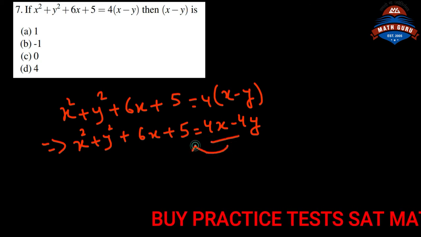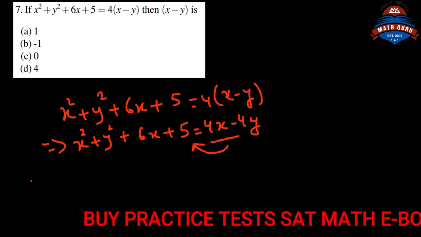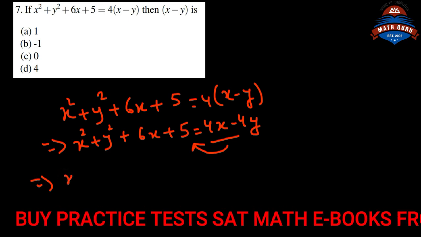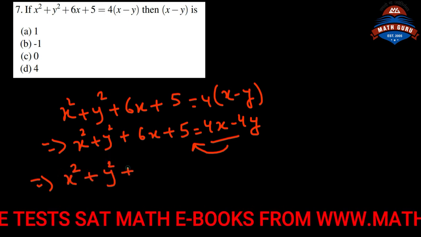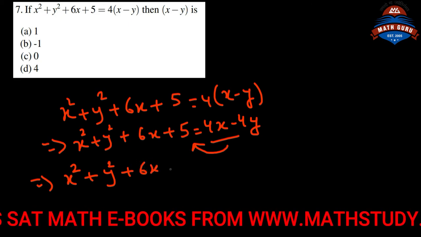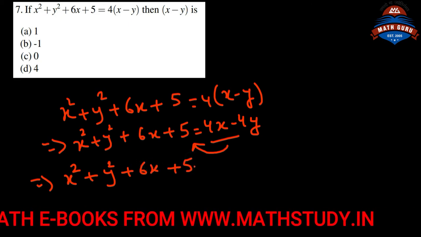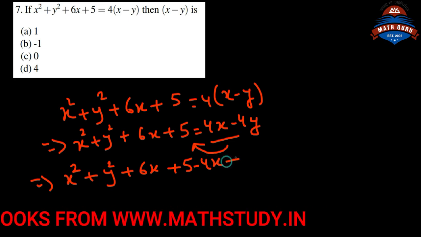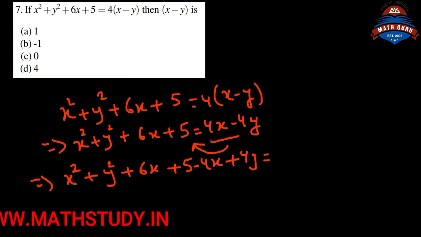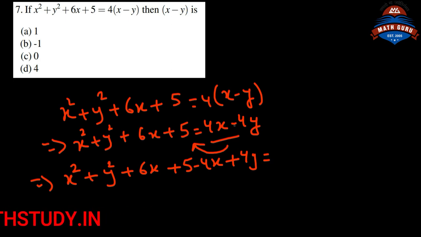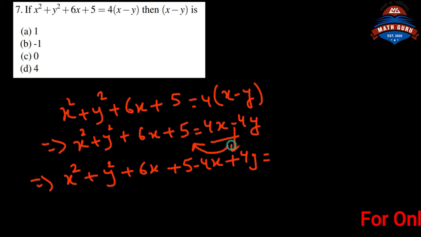Taking these two terms towards the LHS, we can write the equation like this: x square plus y square plus 6x plus 5 minus 4x and plus 4y. This is minus because the positive sign is here, and this term will become positive here.